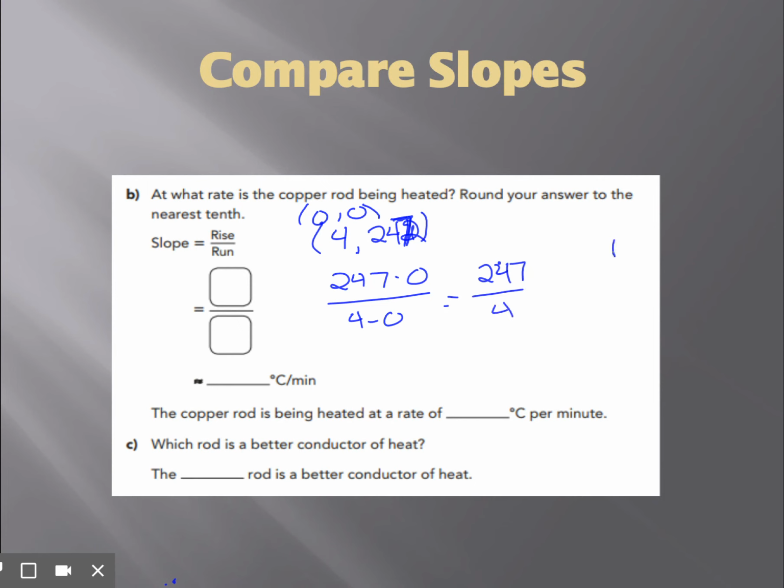And this one I can tell right away is going to be a decimal. That's okay. I'm just going to keep doing my division. 4 goes into 24 6 times. 4 goes into 7 once.